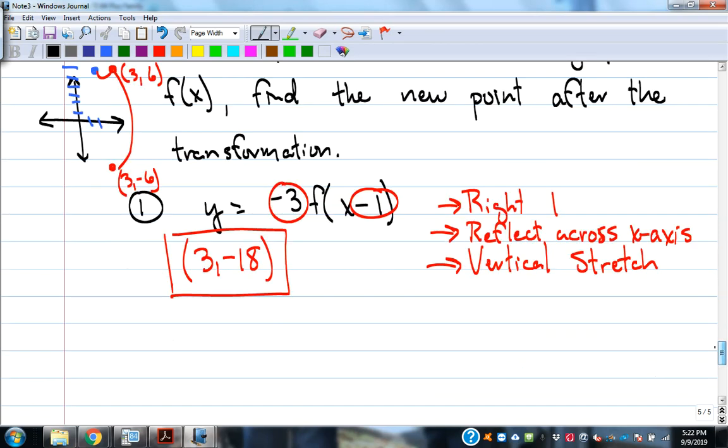Let's do another one. This takes a little bit of visualizing, and some folks can do that well. Some are not as adept at doing that.